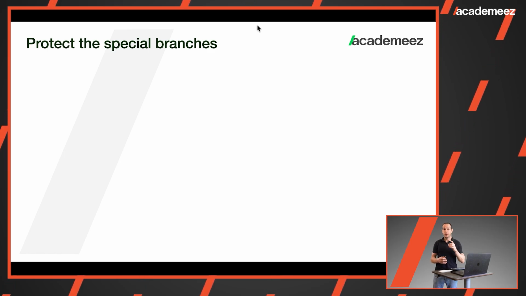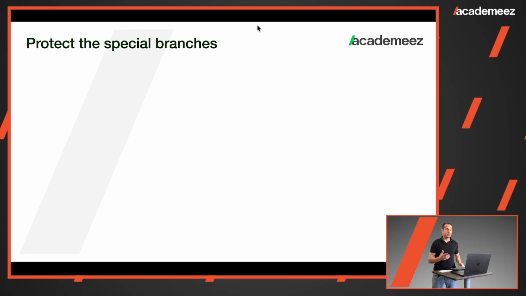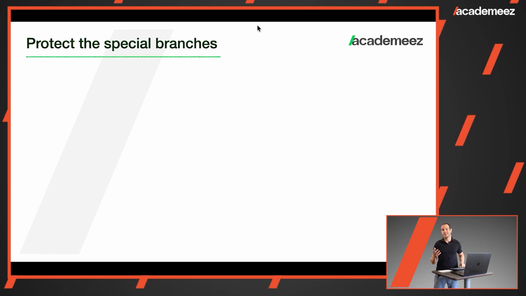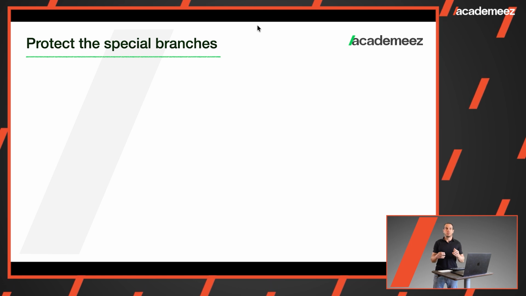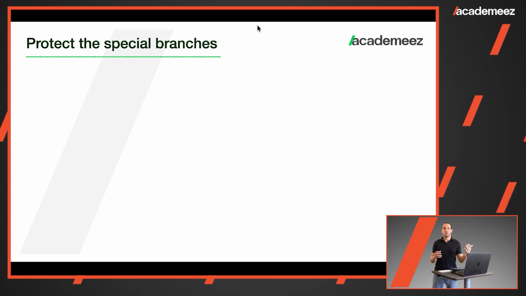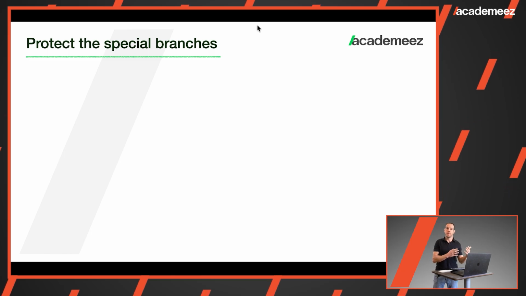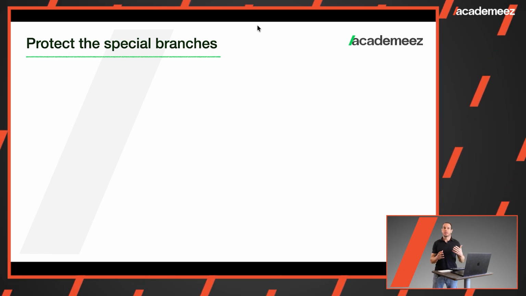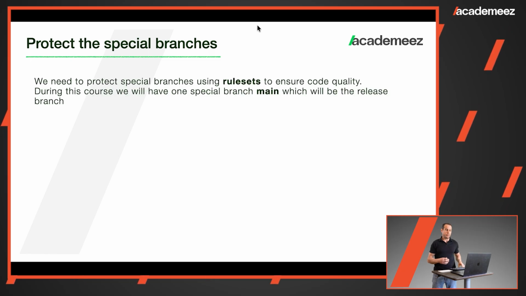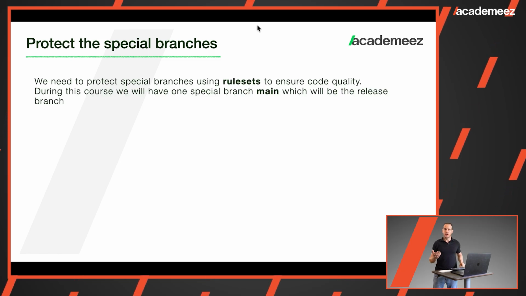So in our case, we have one release branch, one special branch, which is main, which means I need to protect that branch. I need to add reliability to the code that enters main, so that for the pull request that developers want to merge to main, automatic checks make sure their code is reliable.